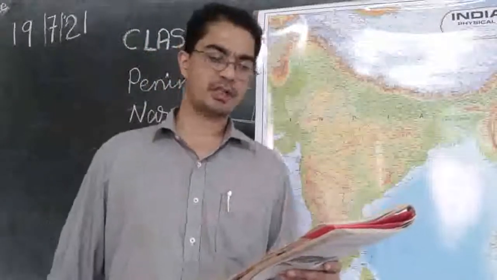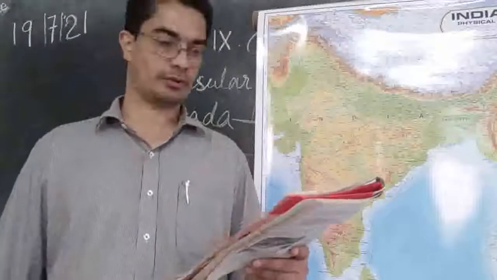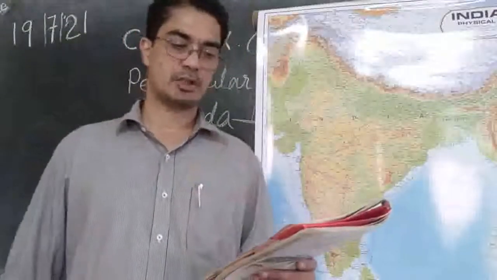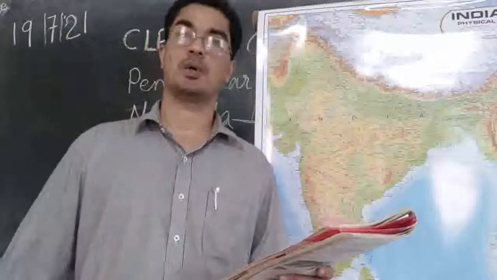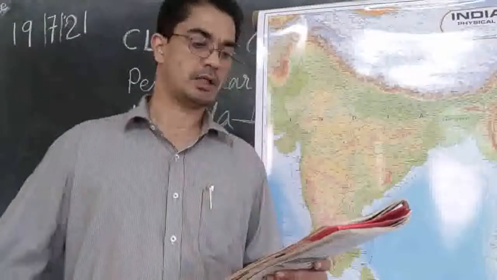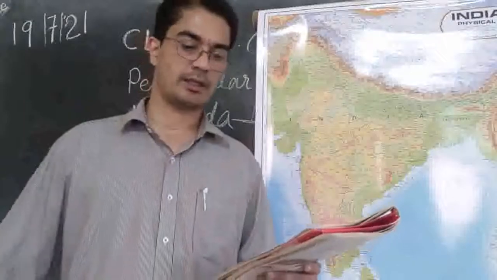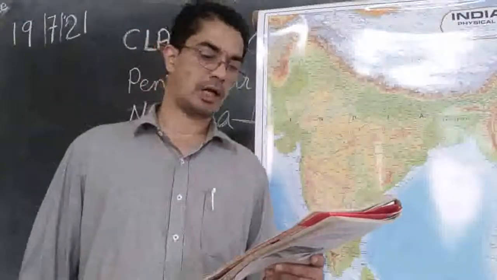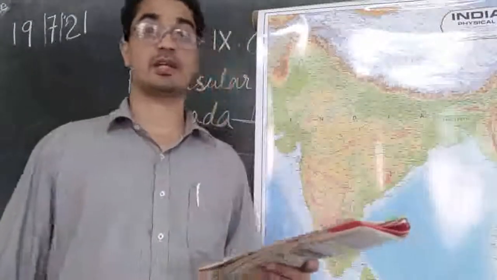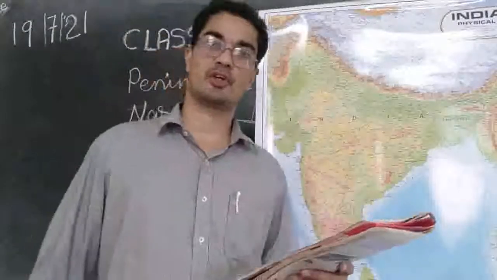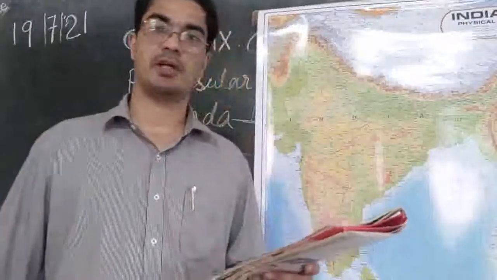Then the Godavari is joined by a number of tributaries such as the Purna, the Vardha, the Pranhita, the Manchra, the Wainganga and the Penganga. So these are the names of the tributaries of the Godavari river.